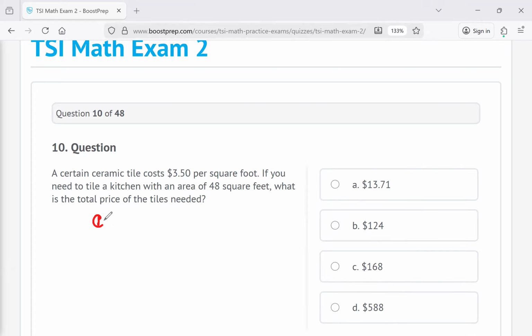So the cost is going to be 48 times 3.50. Sometimes you have to be careful because this might be in inches and this might be in feet, so you do have to convert it, but we're lucky this is all in feet, so there's no conversion. Put that in the calculator, and I get $168.